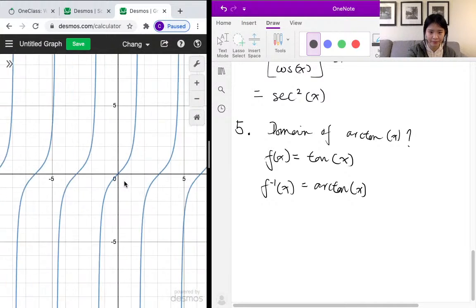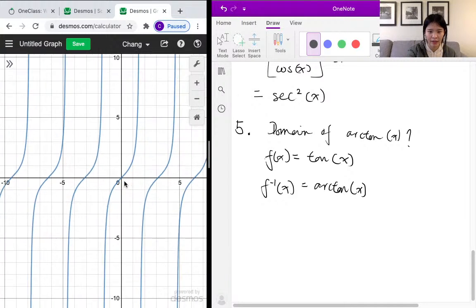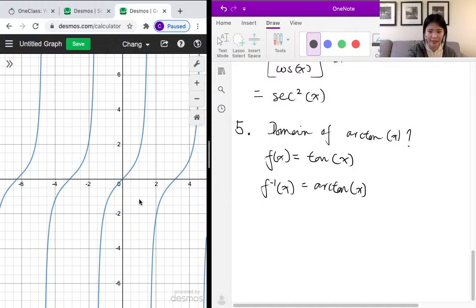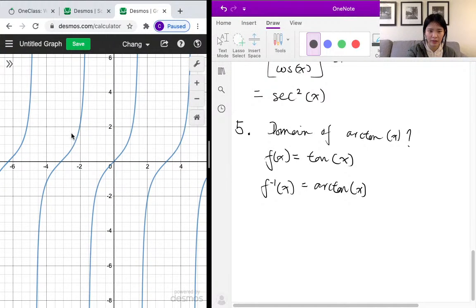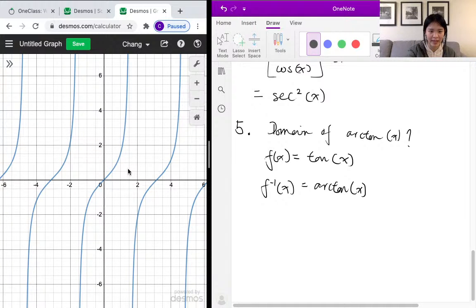All right, so let's look at the graph of the tangent function, tangent of x. As we see, this tangent function passes the vertical line test, which is perfect because it's a function and it should pass the vertical line test. However, it doesn't pass the horizontal line test.